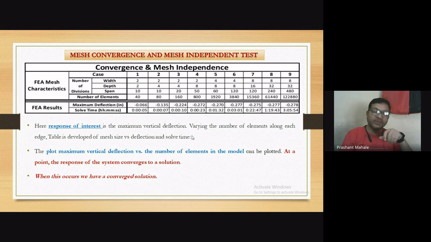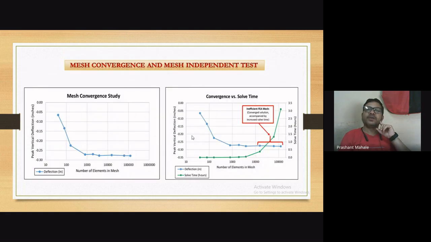So this table, whatever I showed in the statistics, is also represented in graphs. Can you see here? In the first graph, I am showing how the deflection result changes with the increase in the number of nodes.